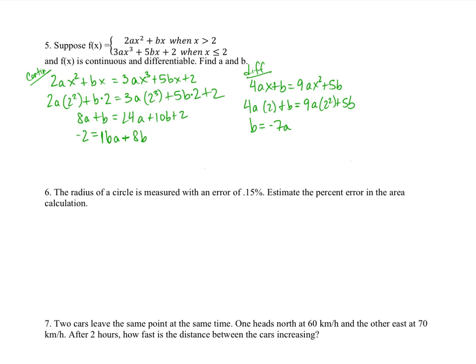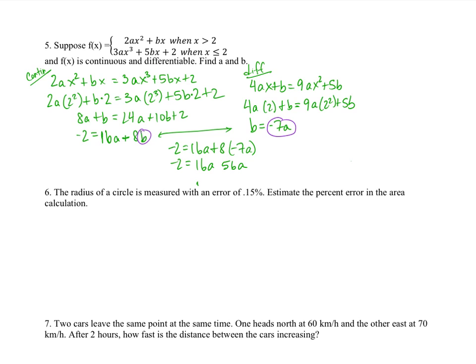Well, what do we want to do with this? We've got two equations with two unknowns. We want to use both equations to solve for a and b. I can substitute in my b since I've already got it solved for. So I end up with negative 2 equaling 16a plus 8 times negative 7a, which is negative 2 equals 16a minus 56a.